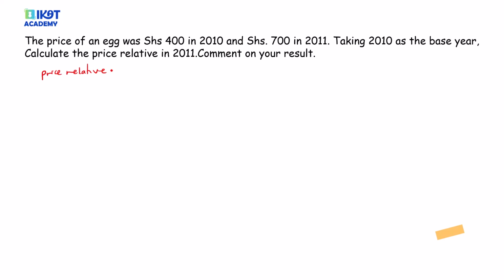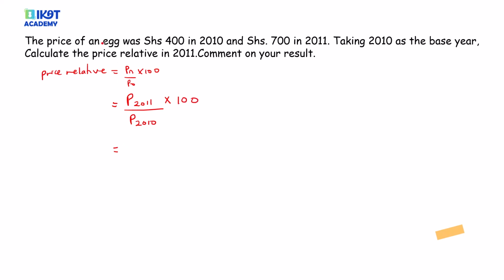The formula for price relative is Pn over P naught times 100. However, as we work out these numbers, for easy interpretation and to avoid errors, we're just going to quote the exact year. So here instead of saying Pn, I just know what the current year is. I want us to take 2010 as the base year, so 2011 should be the current year. So it's P 2011 over P 2010, which we are taking as the base year, times 100.